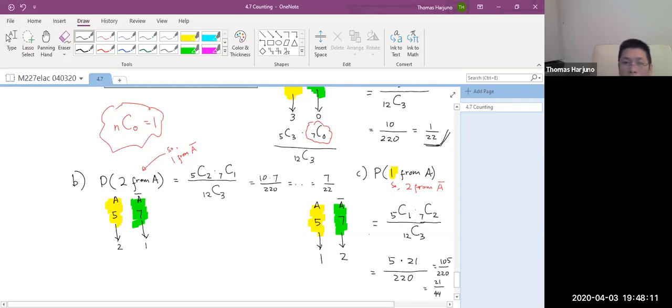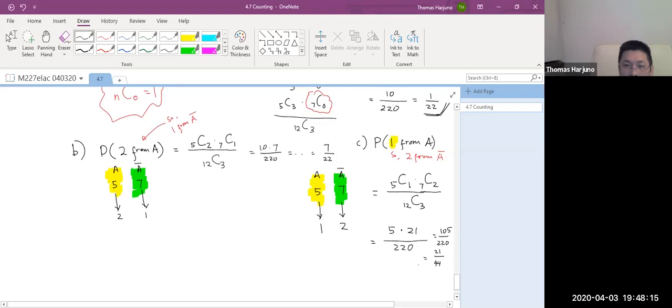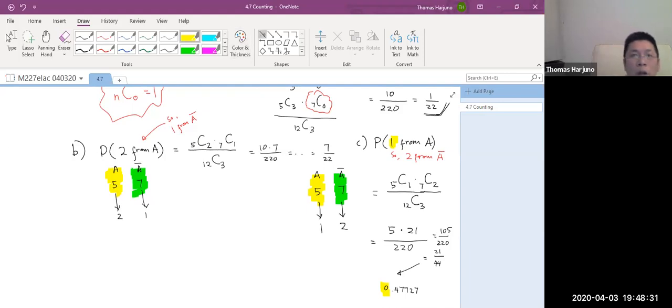In decimal, that will be 0.47727. Please don't forget to use your leading zero. But that's the probability to have one element from A.